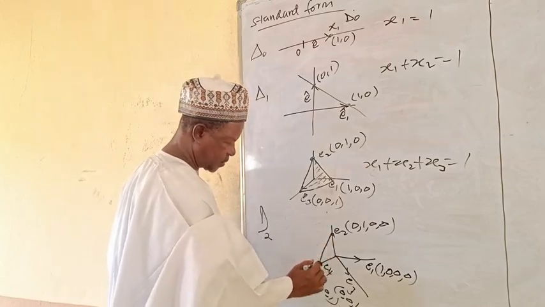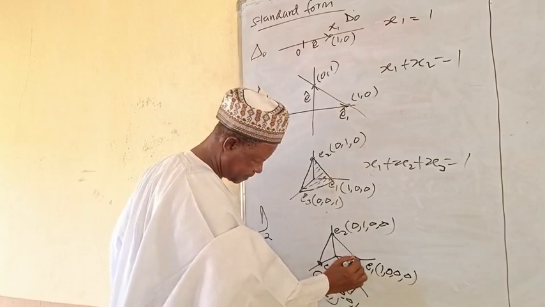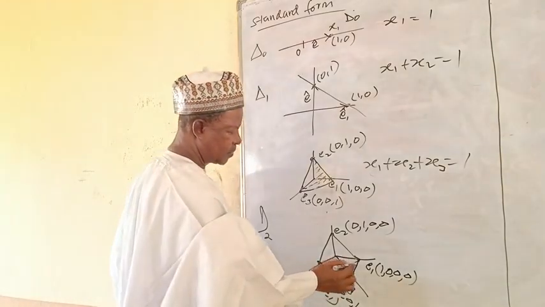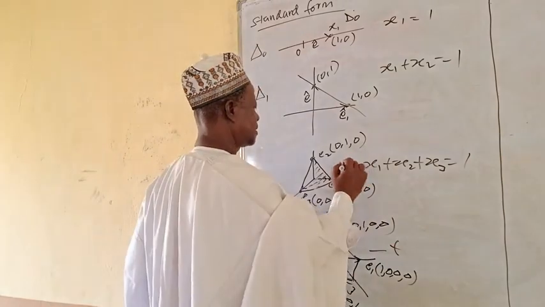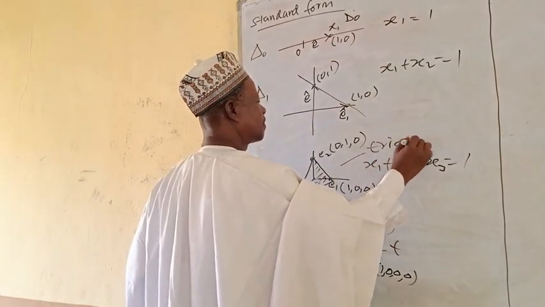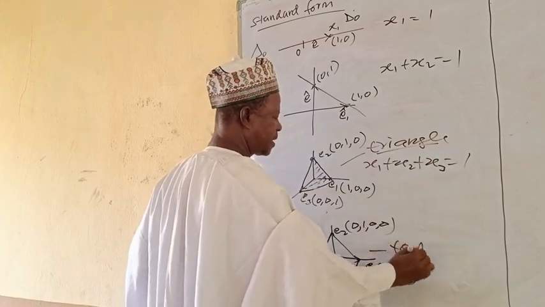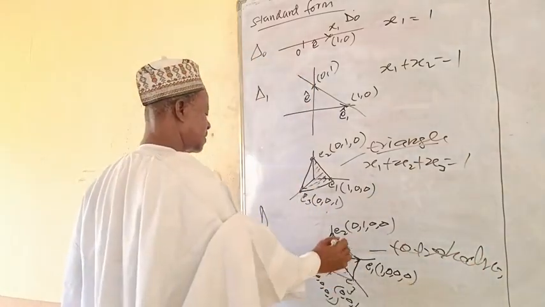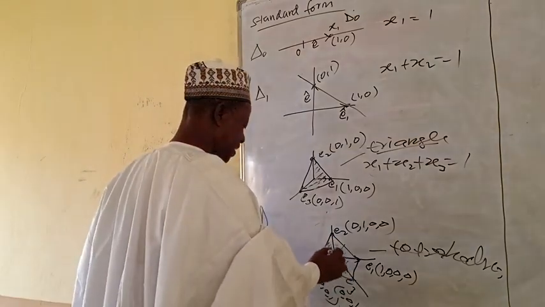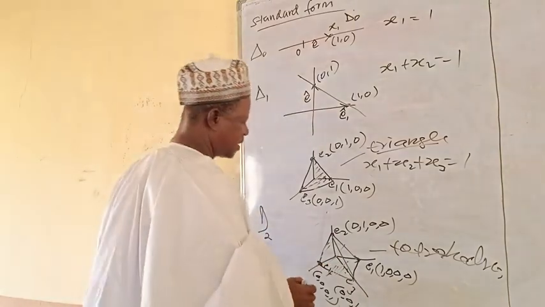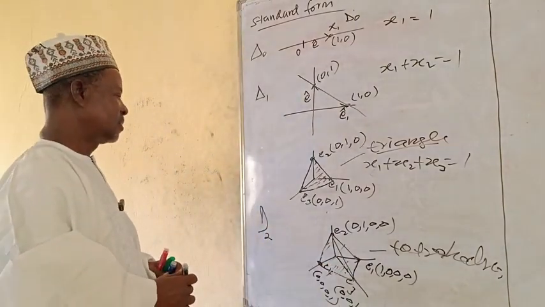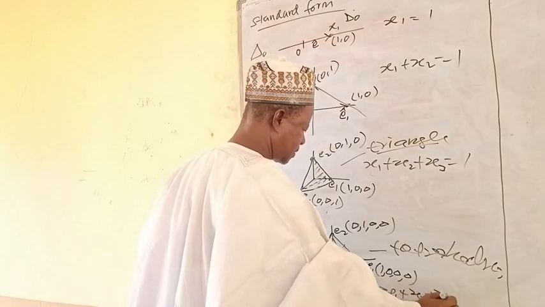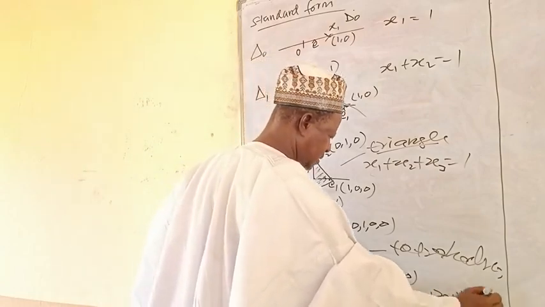Now, let's see. If we join these, you get what you call a triangle, and this will be a tetrahedron. Is that clear? The convex hull that you are going to create is going to be a tetrahedron, okay? And the equation of this is x1 plus x2 plus x3 plus x4 equals 1.